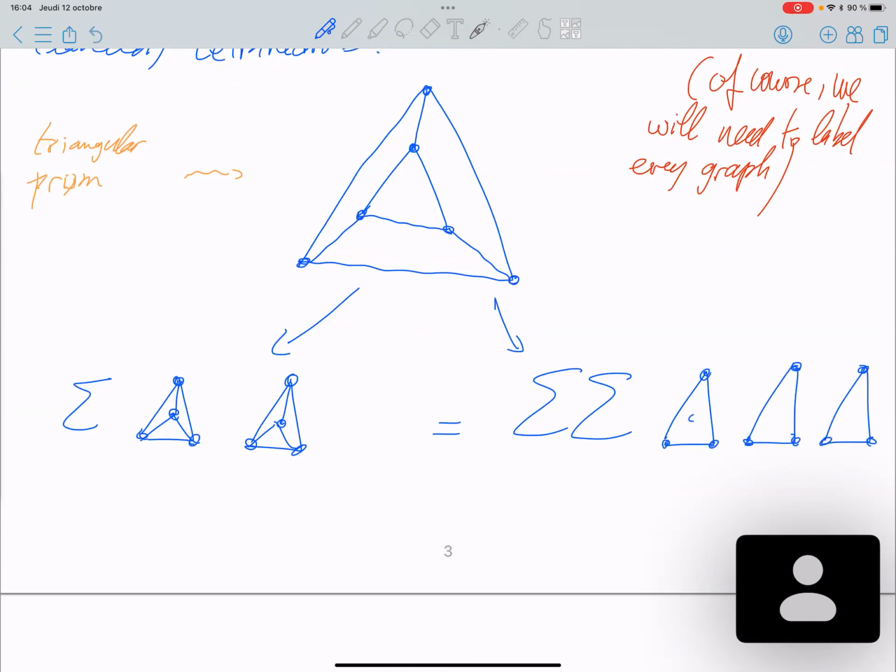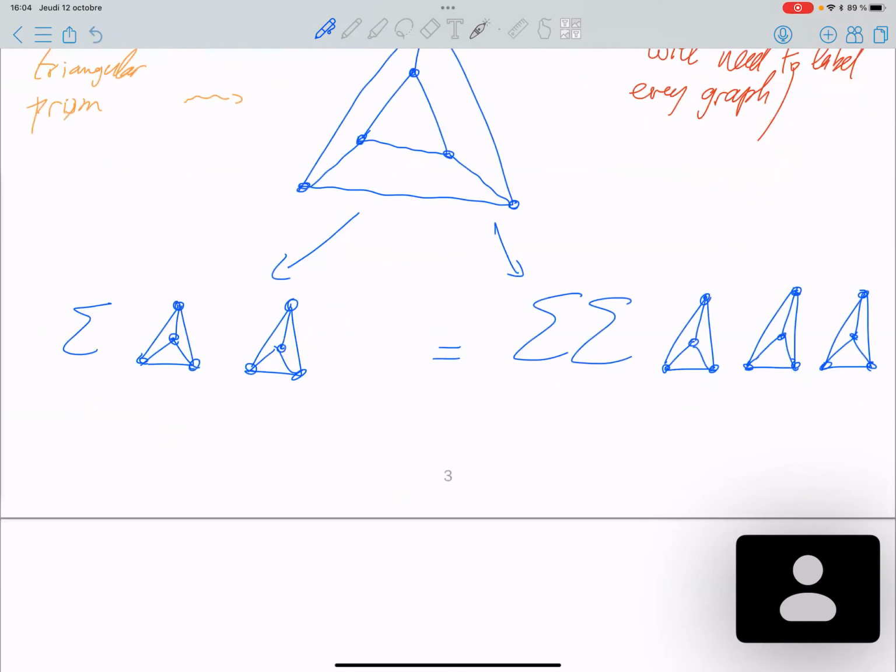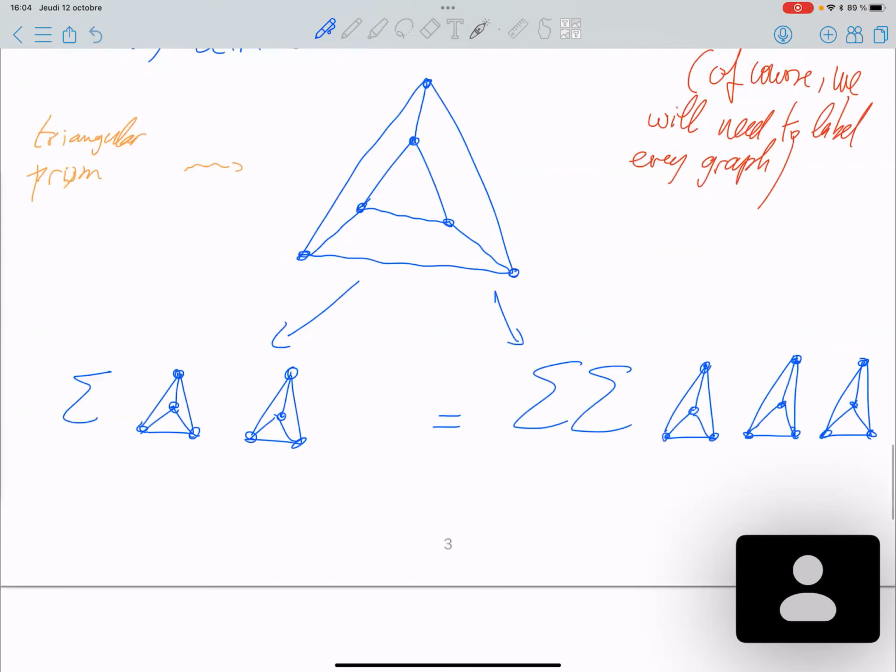And after the pause, we will explain. In fact, Dylan Thurston provided, in a paper about topology and graph theory, a way to understand the idea of the proof on how to evaluate the triangular prism in these two different ways.